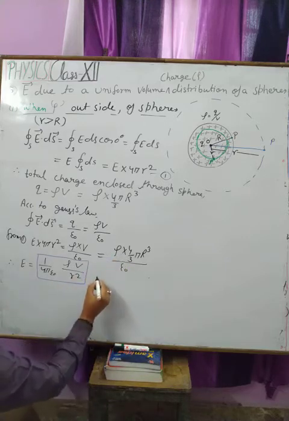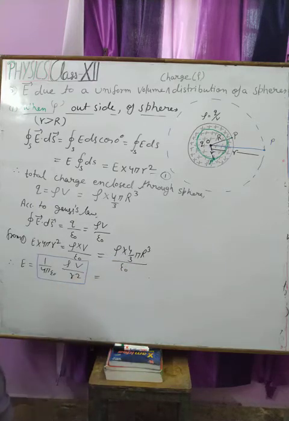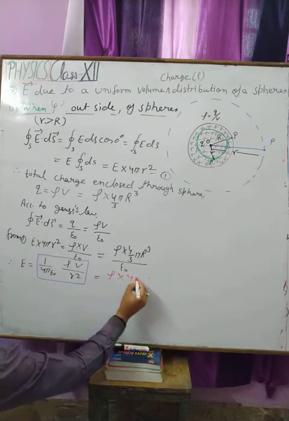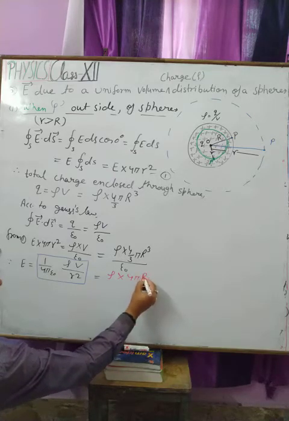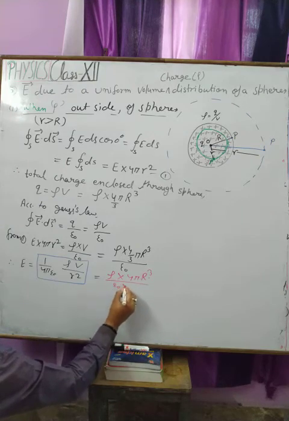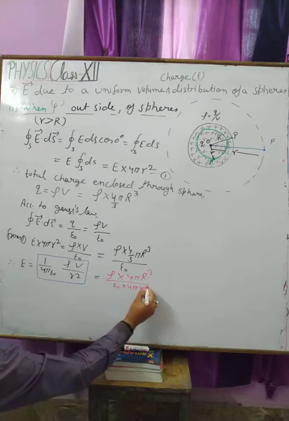And then you have the value rho into 4 by 3 pi r cube upon epsilon naught into 4 pi r square.